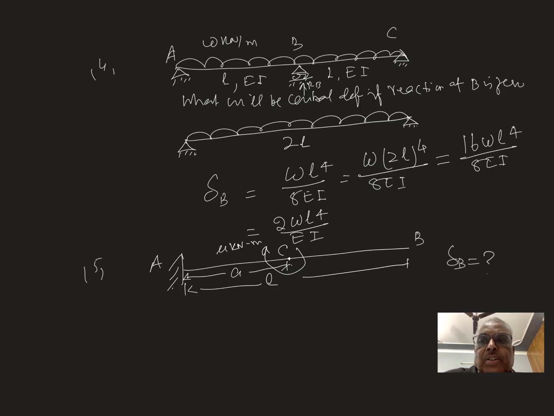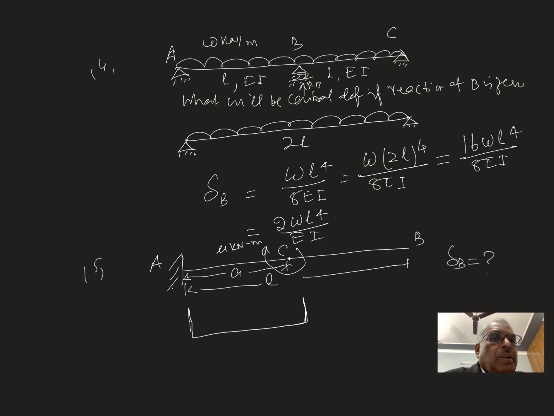You can solve it by the conjugate beam method very easily. First we draw the bending moment diagram for this beam. How to make the conjugate beam? So this is the Mu.